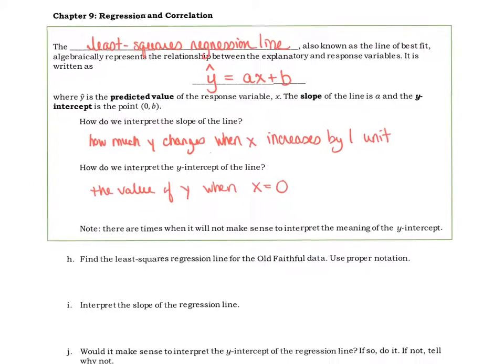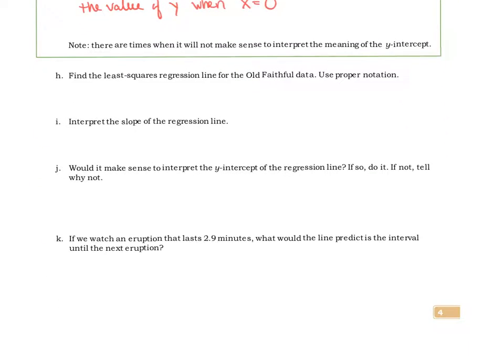All right, so let's go back to our good Old Faithful data. From the least squares regression that you ran already, so linear regression, LinReg ax plus b, you have an equation that pops up. It'll say y equals ax plus b on your calculator, and it gives you a value of a and a value of b.